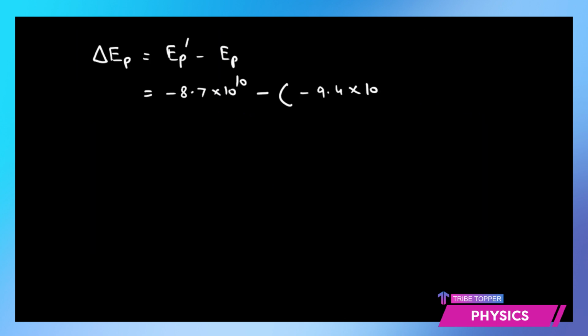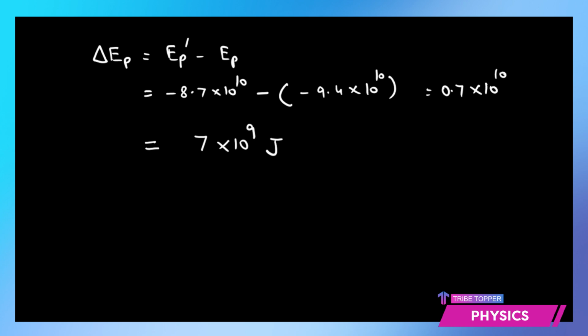This becomes plus 9.4 into 10 raised to power 10, and when you subtract the two, you get 0.7 into 10 raised to power 10, but we would write it in the standard notation as 7 into 10 raised to 9 joules.